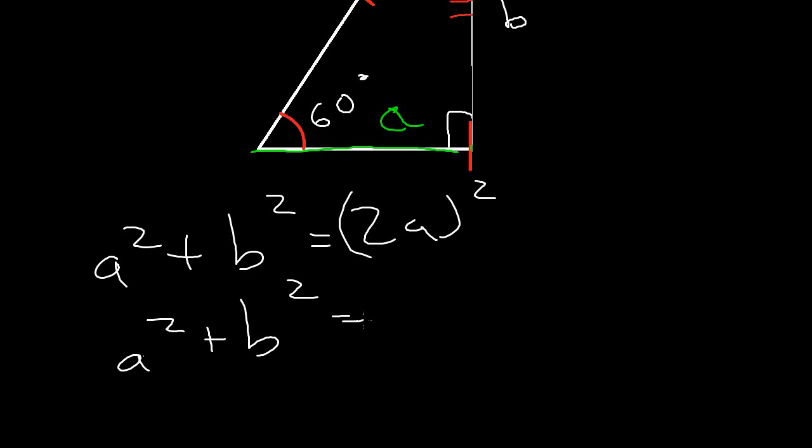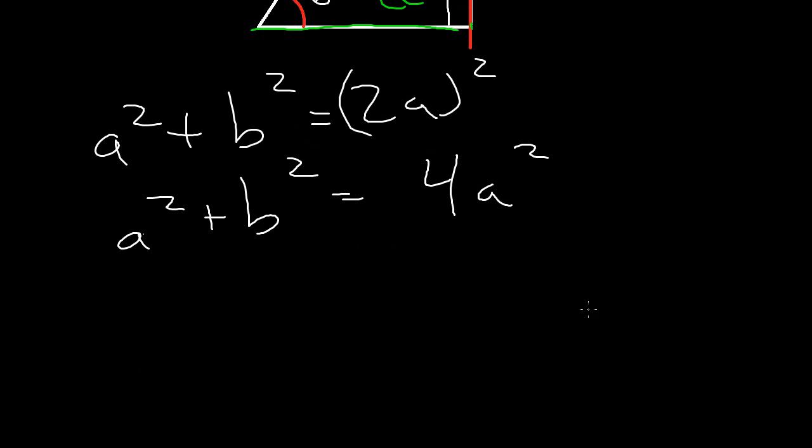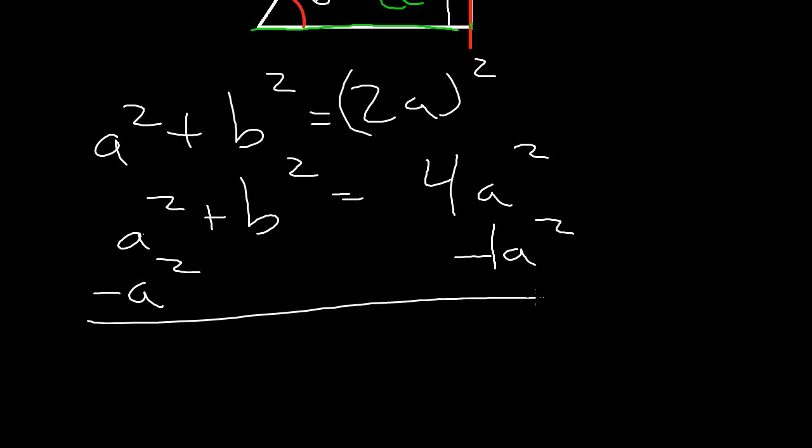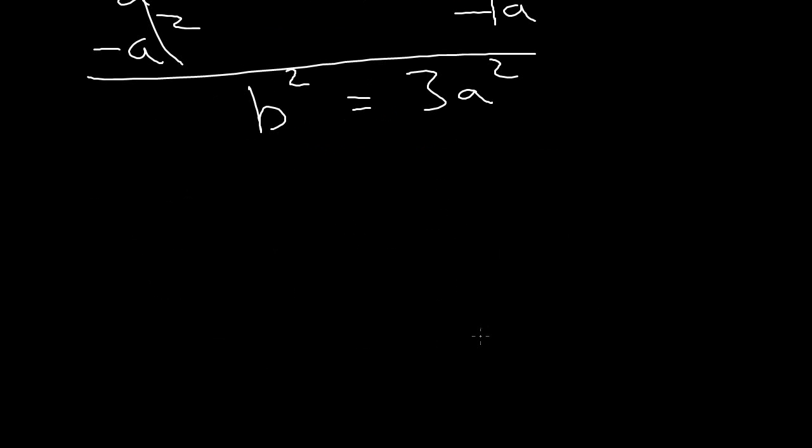And we can rewrite that: b squared, and if we square 2a, we get 4a squared. And we can subtract a squared from both sides, minus 1a squared. And these cancel out, so we just get b squared is equal to 3a squared.